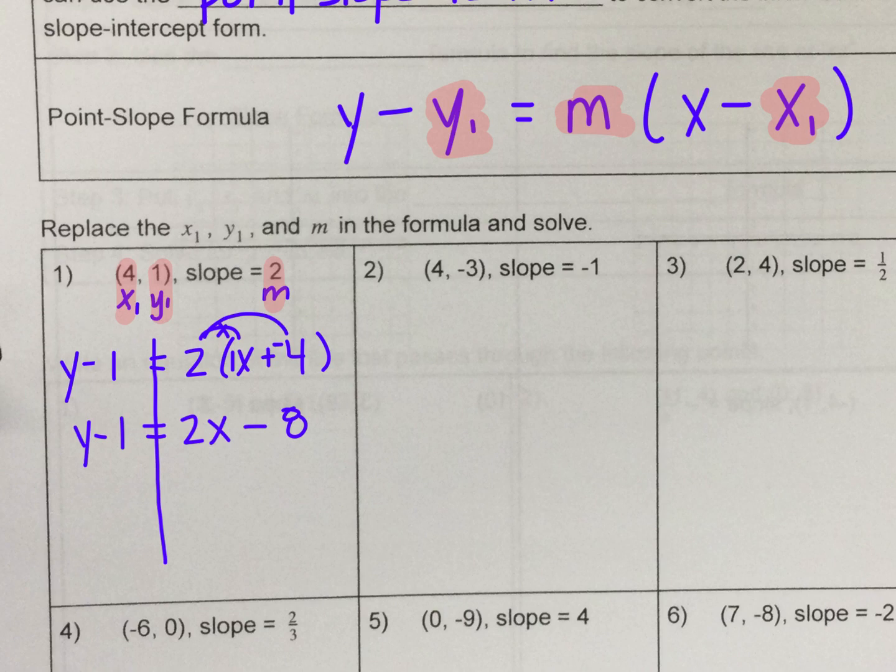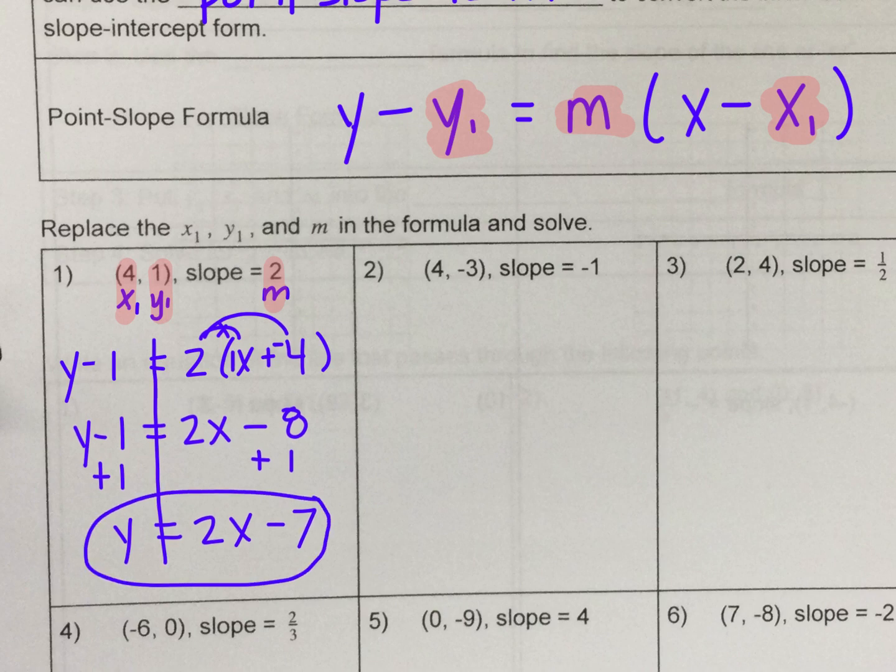Now, I want the y by itself, so I'm going to add 1. I got to add it to the number because they're the same thing. y equals 2x minus 7. Now, that is in beautiful y equals mx plus b, and I can graph it. So that's what we're going to practice today, using point-slope form.